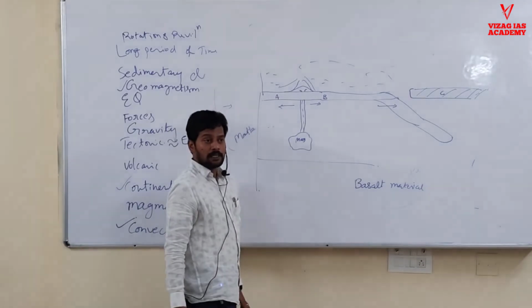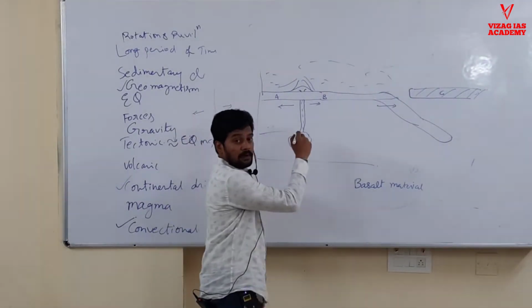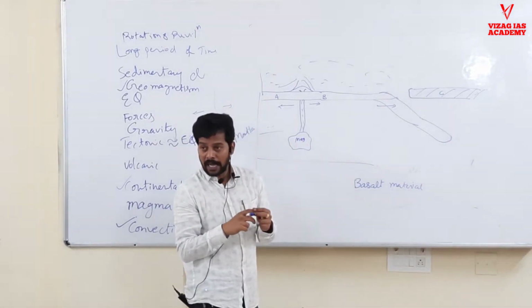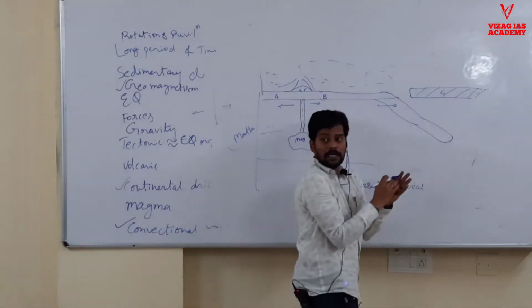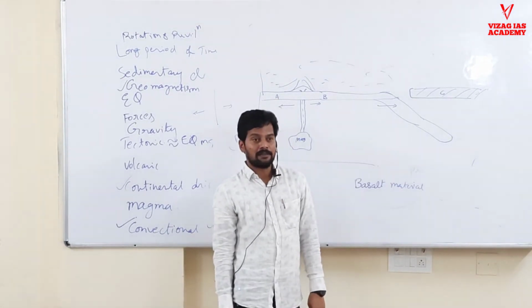Asthenosphere, which is hotter. Magma is there because all are hot, viscous, dense, plastic, keep on moving. So when this comes down, immediately inside this one, it starts melting, isn't it?